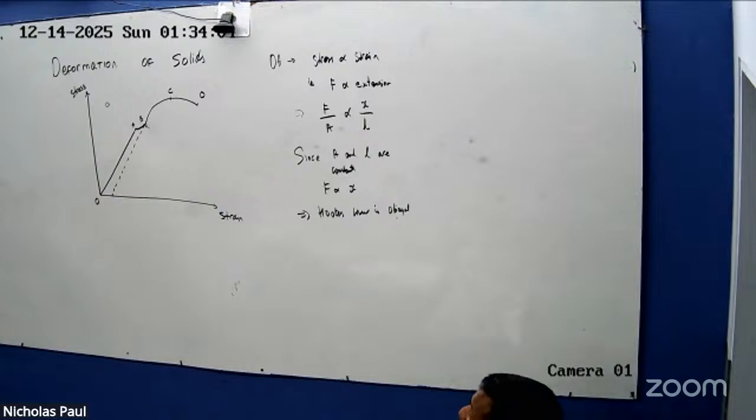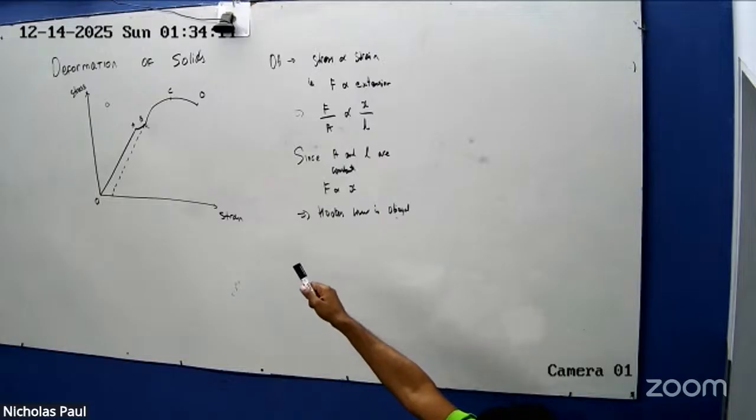All right, ready? Next part. A is the limit of proportionality. Please make sure you label it just like mine.